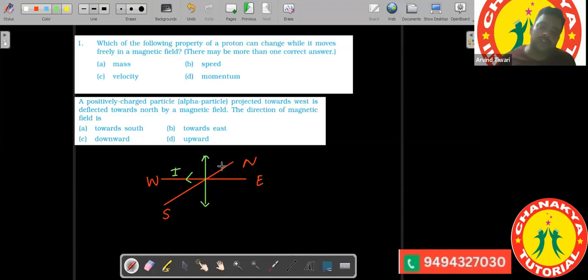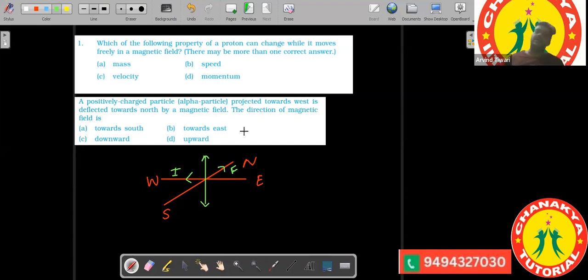So towards north is the direction of force experienced. You have to find out the direction of the magnetic field.